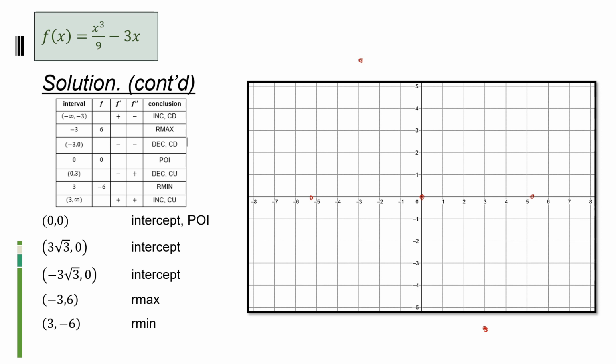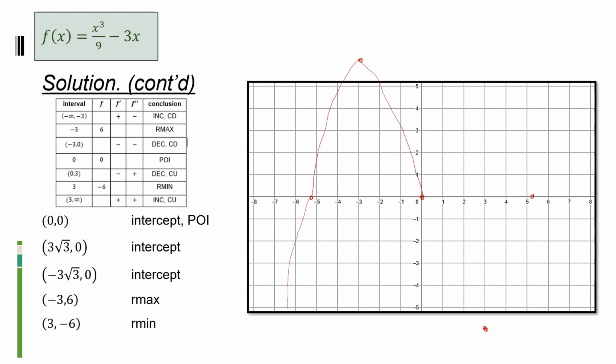Okay? So, sabi niya, from negative infinity to negative 3, meron tayong increasing function. Itatamaan niya yan. And then, concave down siya. From negative 3 naman to 0, we have a decreasing function. Okay? Na concave down. Yan. And then, 0 is a point of inflection.